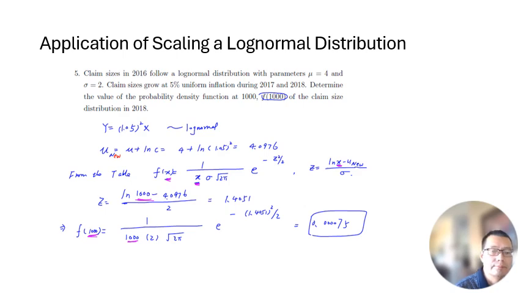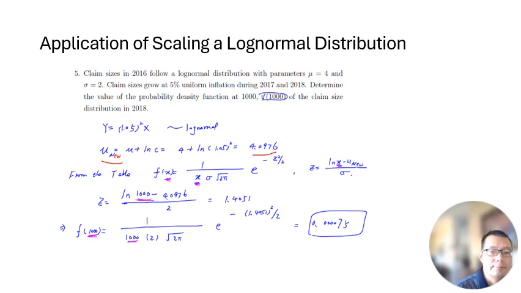So here it's a similar process, but since we already knew the result, we just apply the concept from previous slides, where you have a new mu which is equal to old mu plus log c, where c is 1.05 in this case.